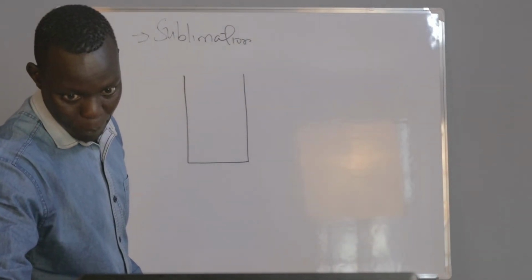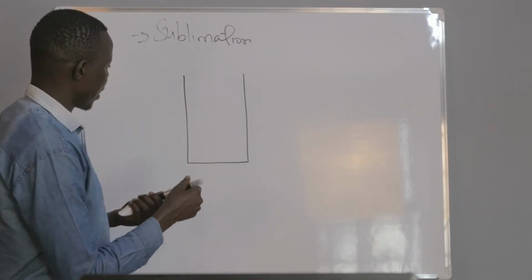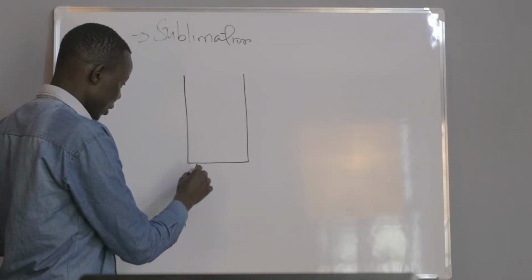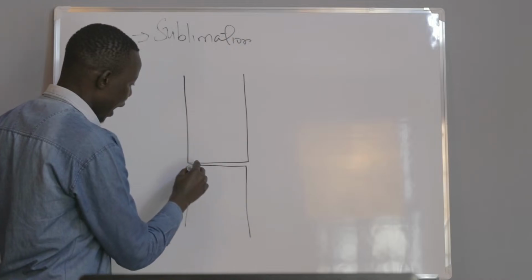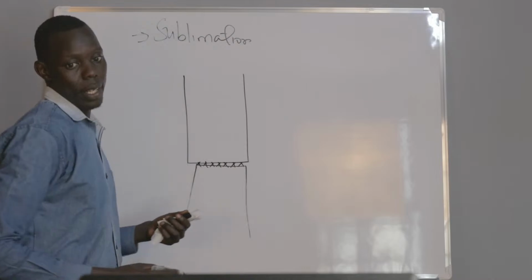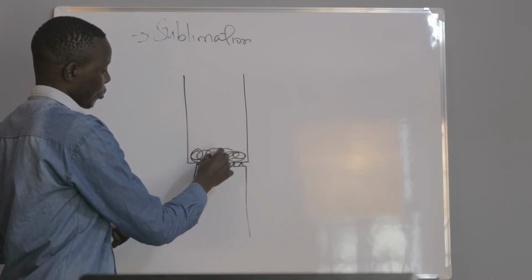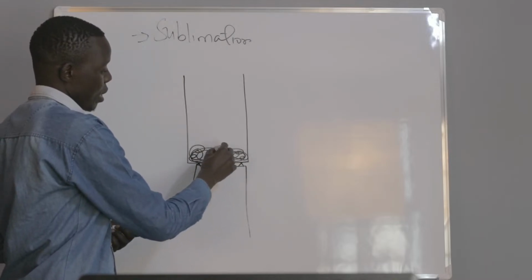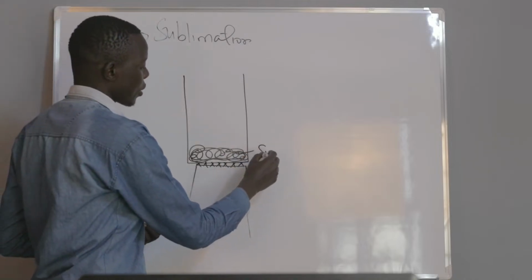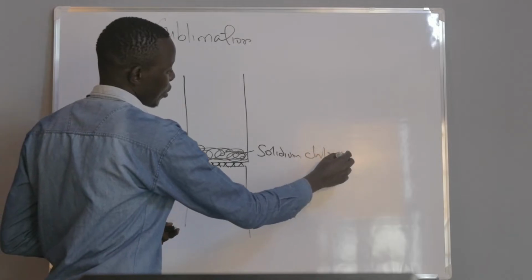If you want to describe sublimation, you want such a diagram whereby here it undergoes heat, and here there is a wire gauze. Wire gauze is meant for uniform heat distribution. Then here is where we have our mixture of maybe sodium chloride and iodine.